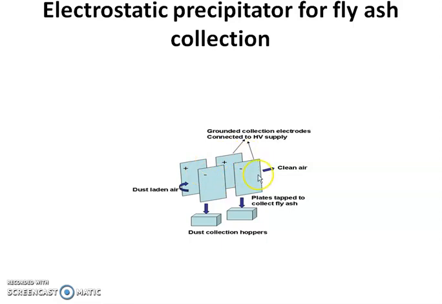These plates are the grounded collection electrode plates with the high voltage supply. This is the working principle of an electrostatic precipitator. The ash which is flying in the air is separated at the bottom of the hopper by means of a high voltage supply.